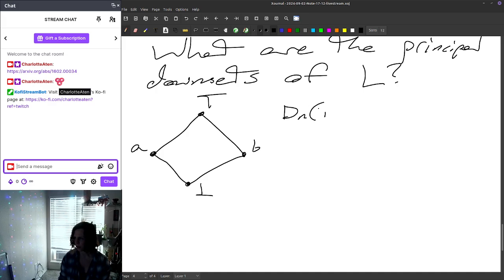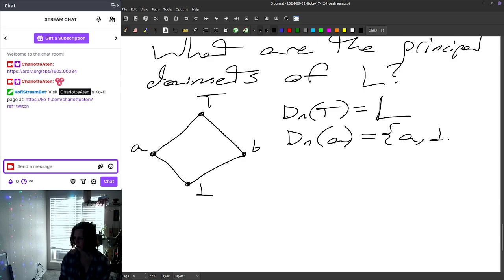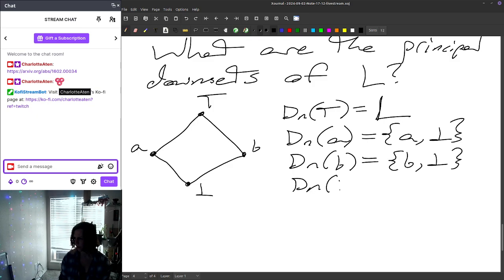What is the principal downset for the top element? That's all the stuff that lies below the top, so that's the whole lattice. The principal downset determined by A has two things, A and the bottom element. The principal downset determined by B is similar, and it has B and the bottom element. And the principal downset determined by the bottom element just has the bottom element.